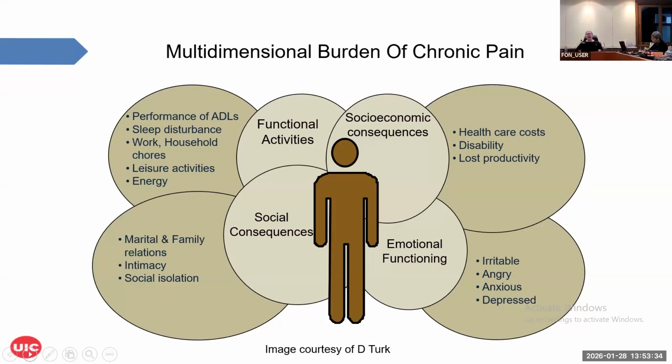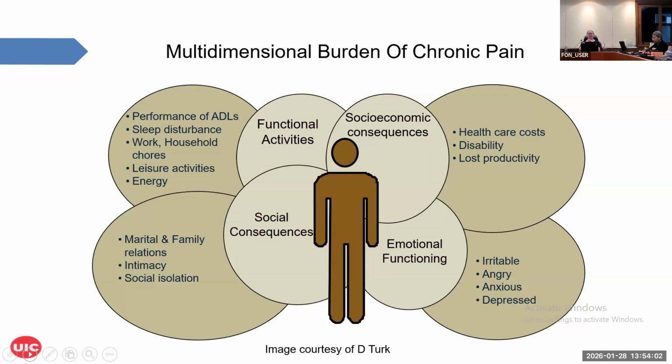The socioeconomic consequences are that you're paying more for healthcare, so you have those healthcare costs. And sometimes when pain is severe, you end up going on disability. You're no longer able to work, and there's the lost productivity. So those are the social as well as economic consequences.